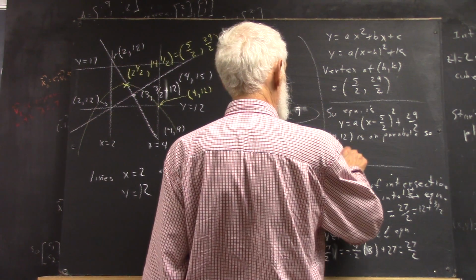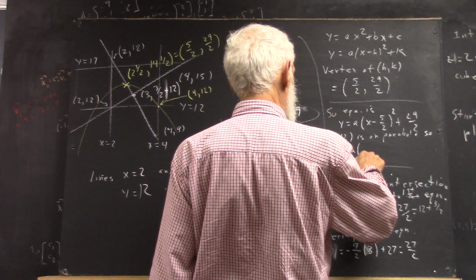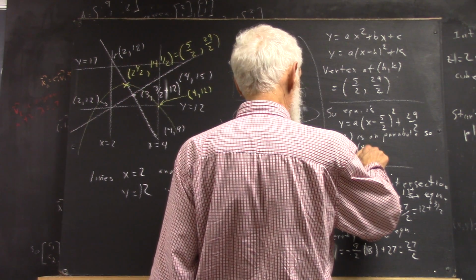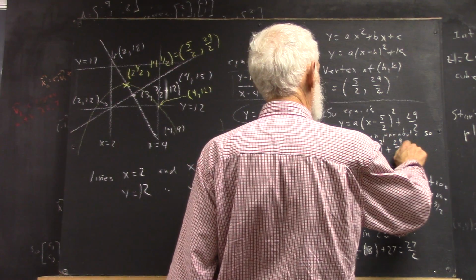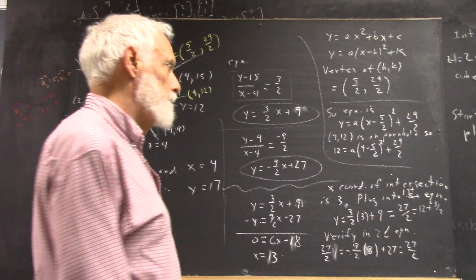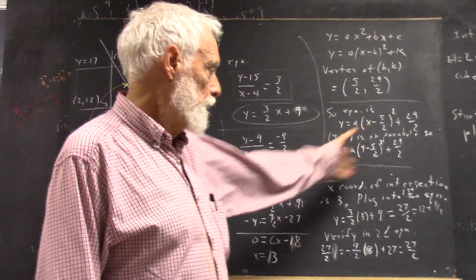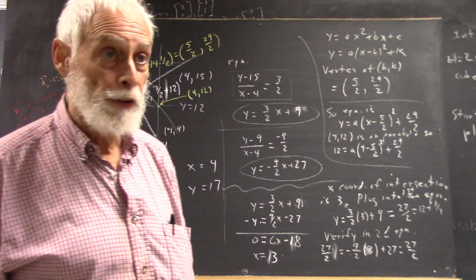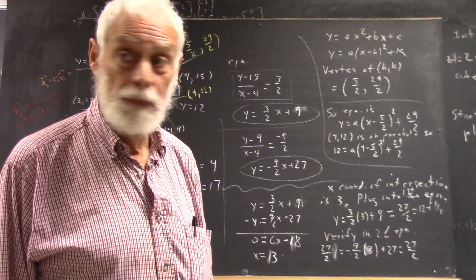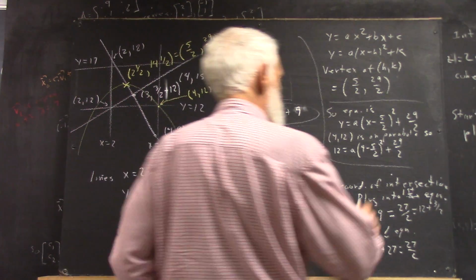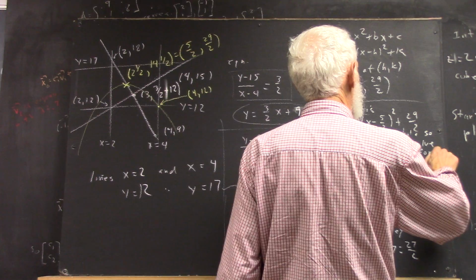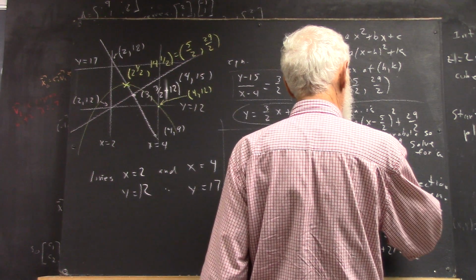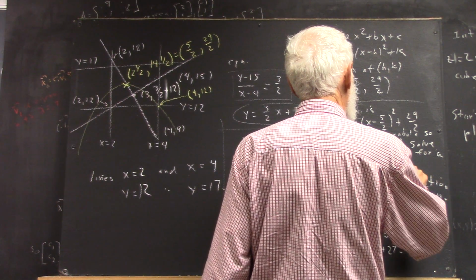So we have 12 equals a multiplied by (4 minus 5/2) squared plus 29/2. Do we see any unknowns in there other than A? I'm just going to say you solve for A. We get A equals what?